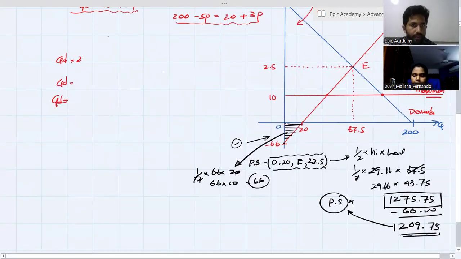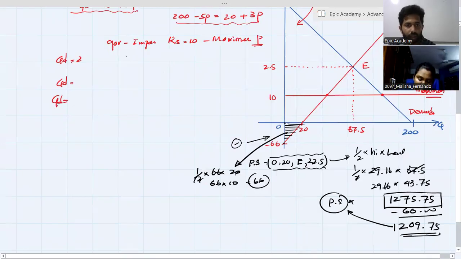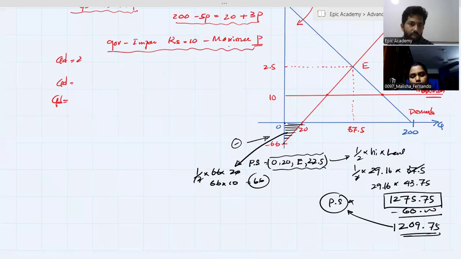Okay, right. So next, the government imposes 10 rupees as the maximum price. Okay, they try to protect the consumer. That is why they decide a price below the actual equilibrium price. Okay, they expect that deciding a price like that becomes suitable for the consumers.